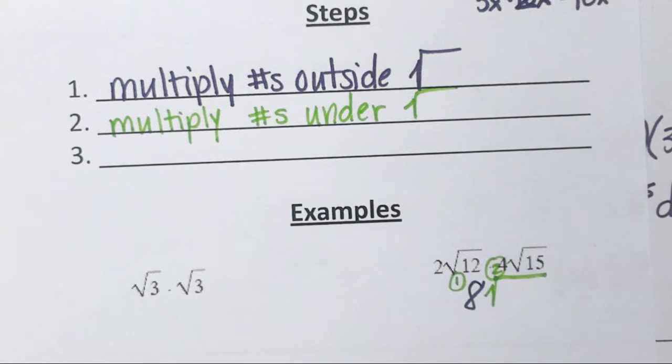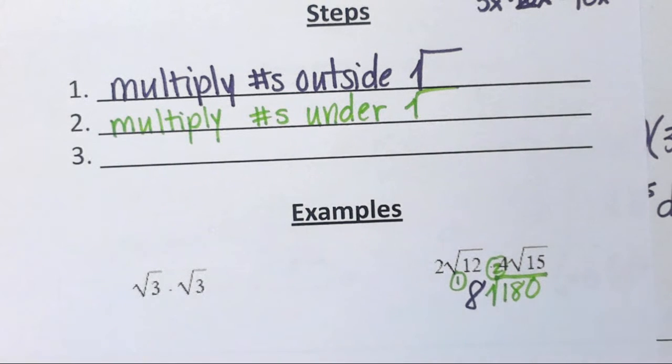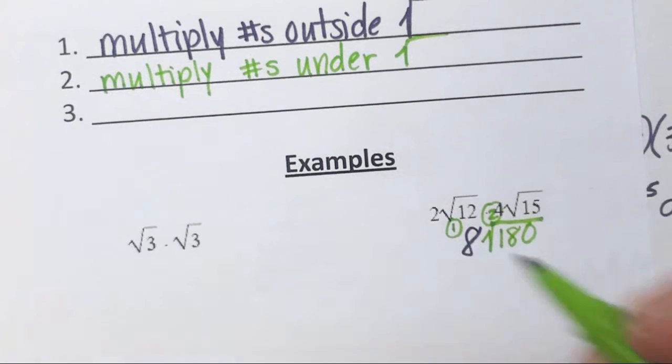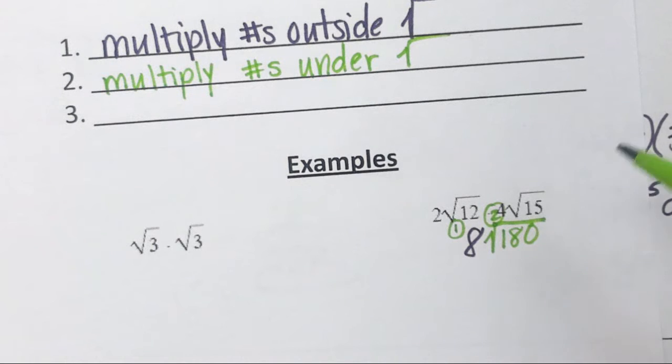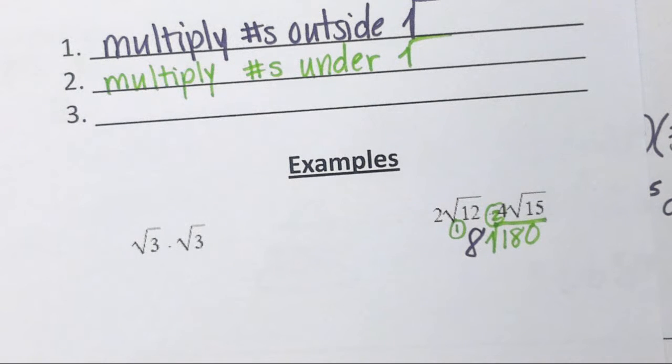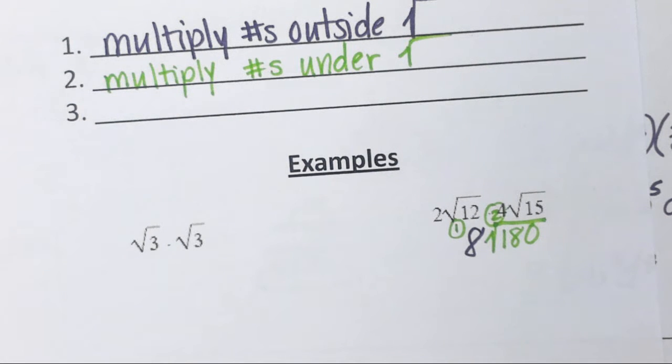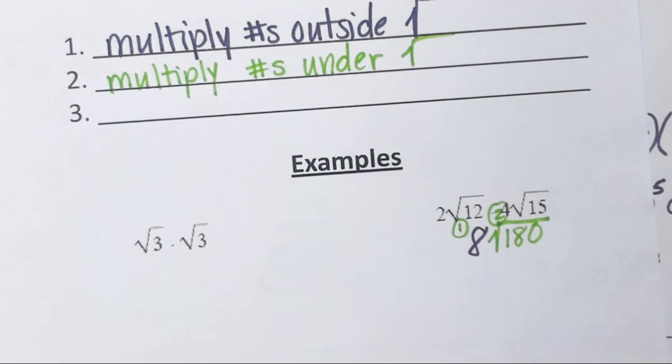Yes, 180, thank you. Notice, so I did 2 times 4, I got 8. I did 12 times 15, got 180. Notice that the 12 and the 15 were under the radical, and 180 is also under the radical. You don't suddenly get to jump ship for no reason. If you're trapped under the radical, you remain trapped.